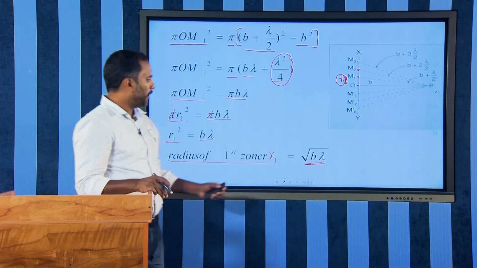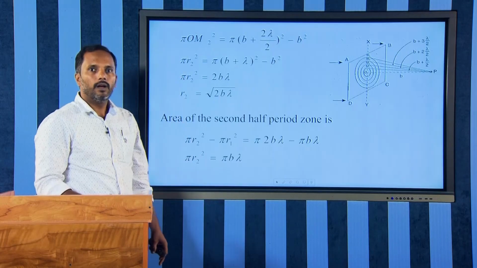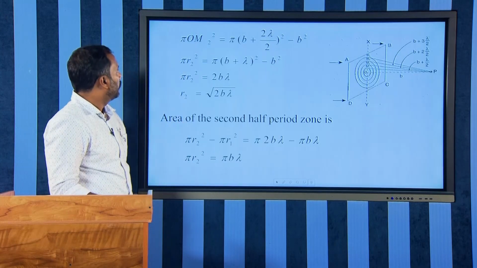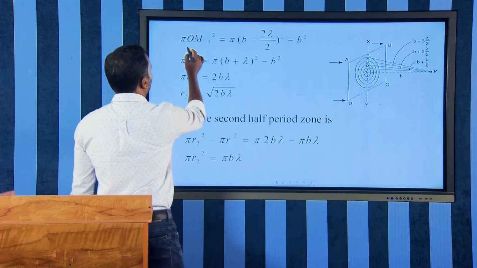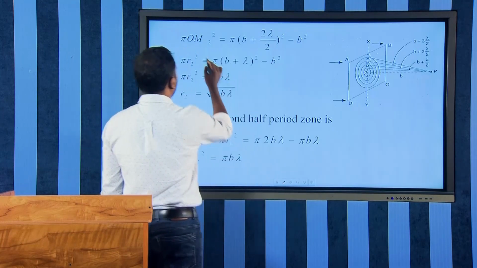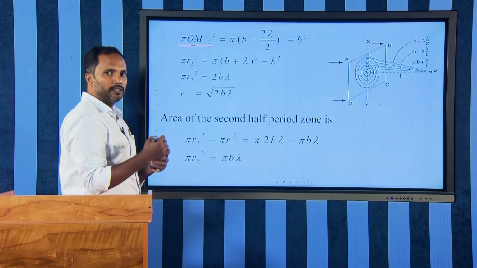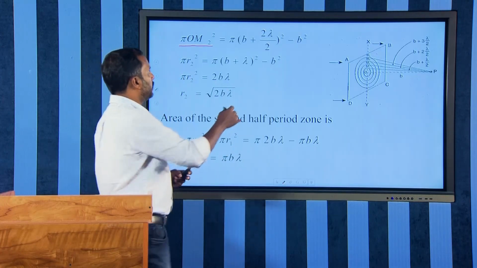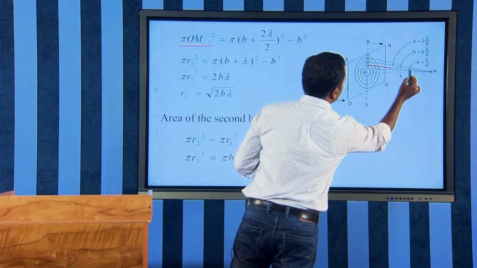Similarly, you can calculate the radius of the second zone as well. In that case we will be taking pi OM2 square, using the same method as in this case also. So, we will be taking this as the triangle.